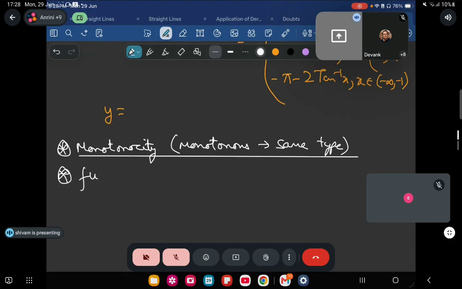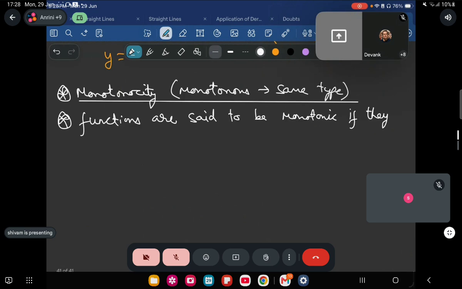Functions are said to be monotonic if they are either increasing or decreasing in their entire domain.